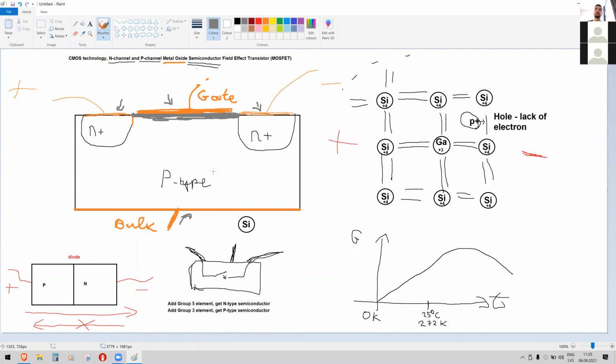Semiconductor is this whole material, and field effect is that if you put plus somewhere, it attracts minuses, and if you put minus somewhere, it attracts pluses. And so it's electric field, basic physics. And transistor is when you build it this way. Okay, so this is how transistor is built and how it works.